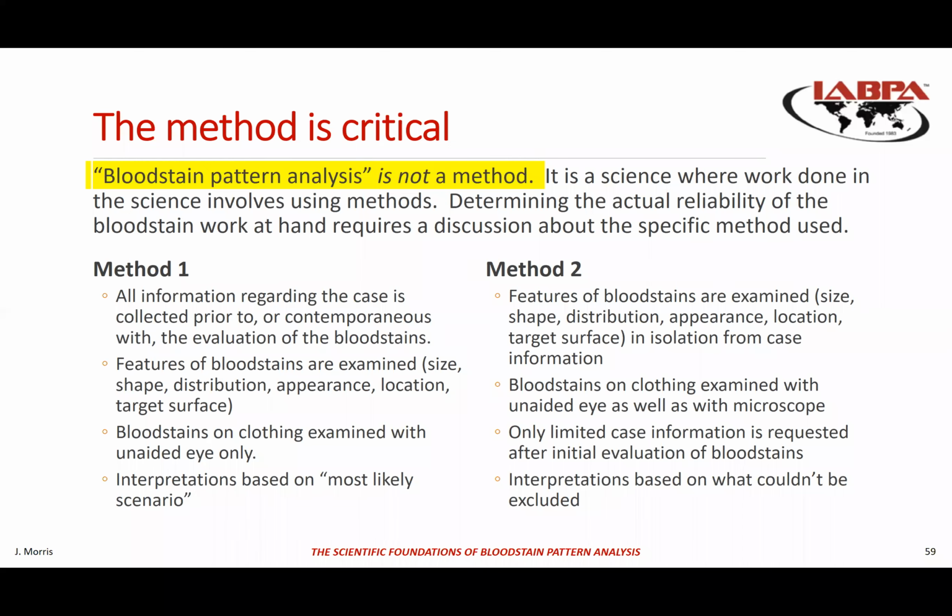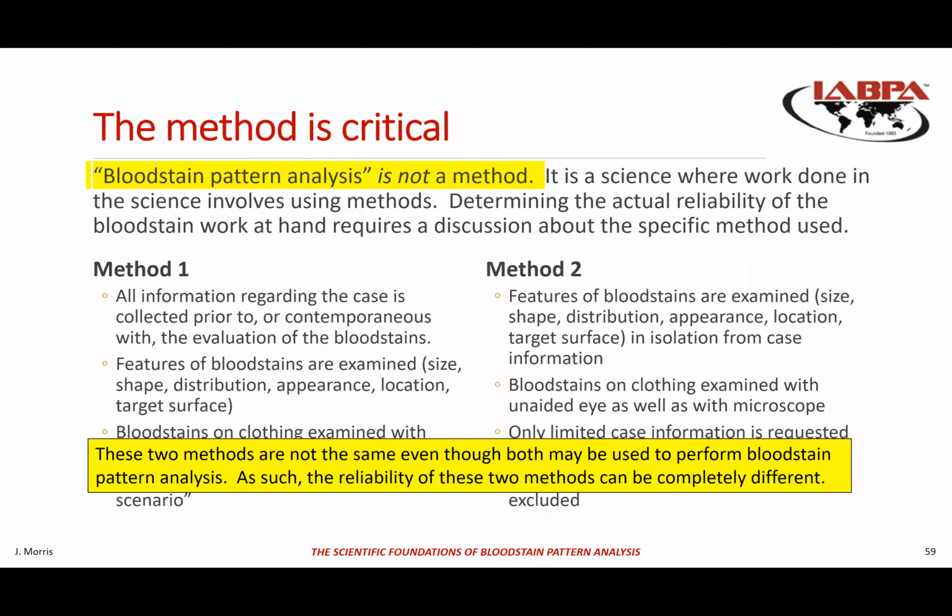And because they are not the same method, they may not have the same reliability. Even though both are used to perform bloodstain pattern analysis, they are not equivalent, and the reliability of those two methods can be completely different.